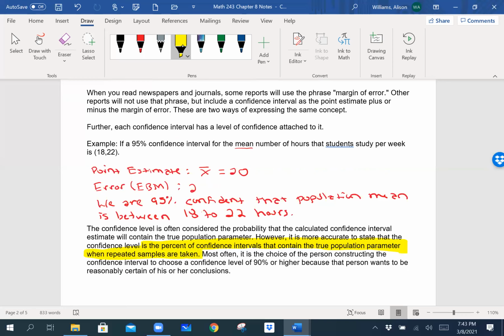Meaning that as we keep taking samples, about 95% of them are going to have the true population mean inside. That's another interpretation of the confidence interval, but we're going to stick to this one. That's the most common: the idea that there's a chance we're wrong, but we're pretty sure, with 95% accuracy. We're feeling pretty good about it.